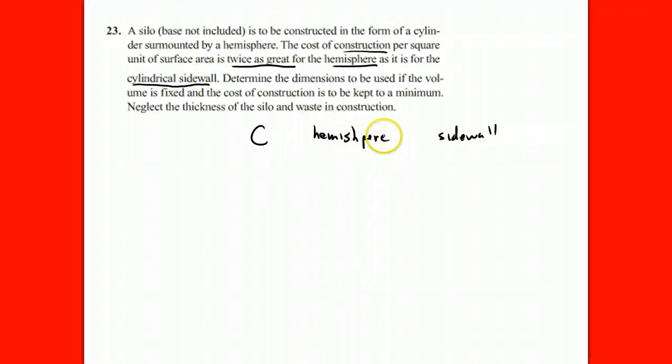So the cost of the hemisphere is twice the cost of the sidewall. Does that make sense from that sentence? I'll give you numbers though. This is all in general here. Everything is with variables involved, but you'll have specific numbers.